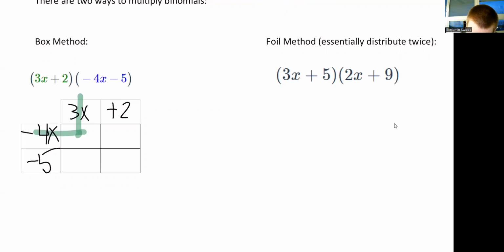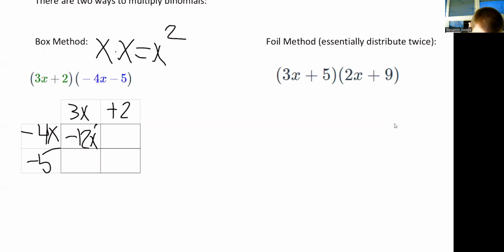So for example, 3x times negative 4x is what's going to go in that top left box. You just multiply negative 4 times 3, which is negative 12. If you ever have two x's, remember x times x is x squared. So we're going to have an x squared in the top box because we have an x here and an x here.